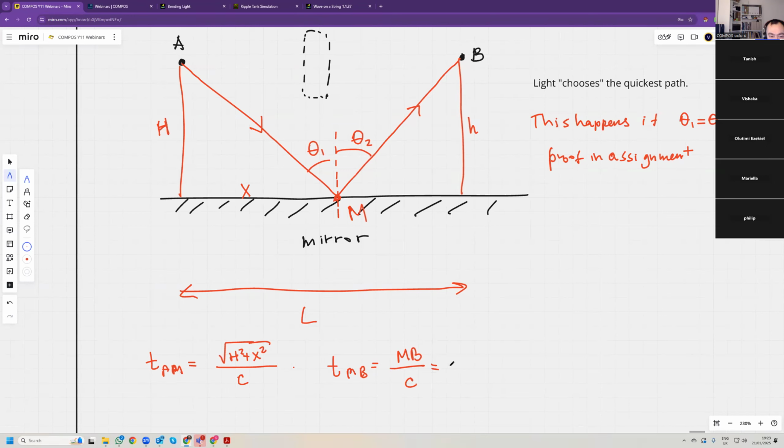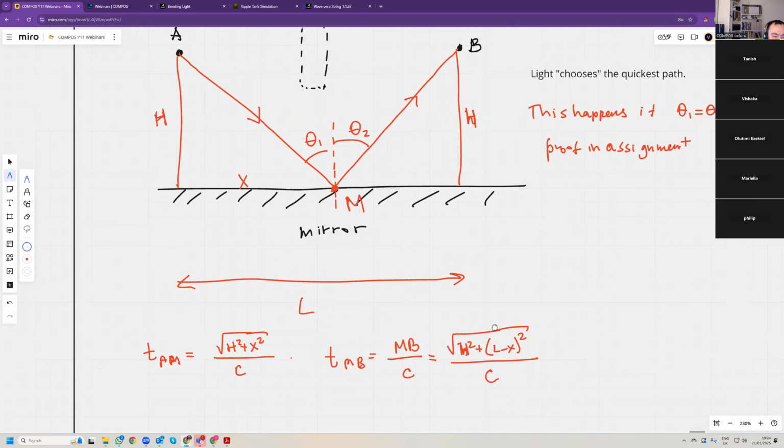MB is the square root of h squared plus L minus x squared. Well, we can safely assume that this is the same h. Let's not bother too much about it, to have extra letters, divided by c.